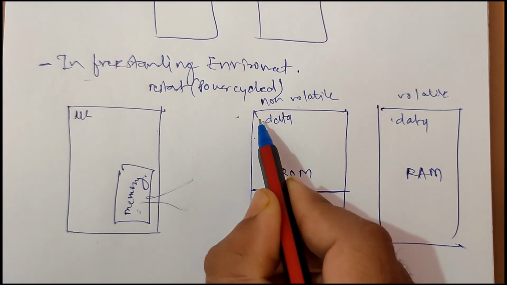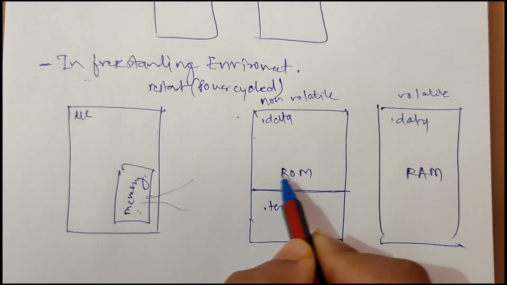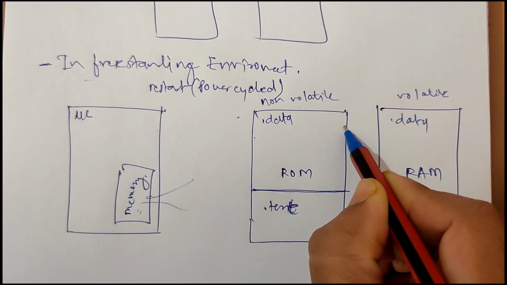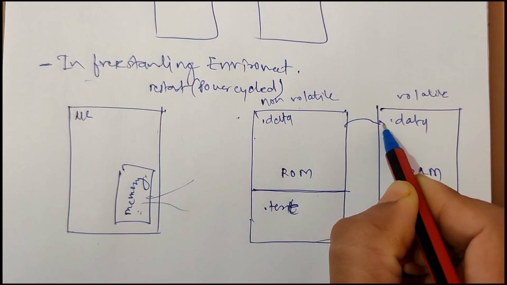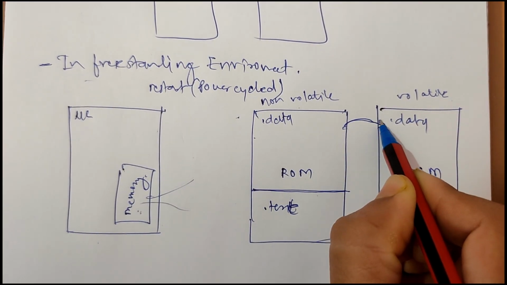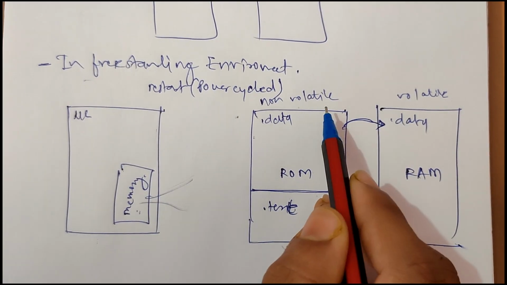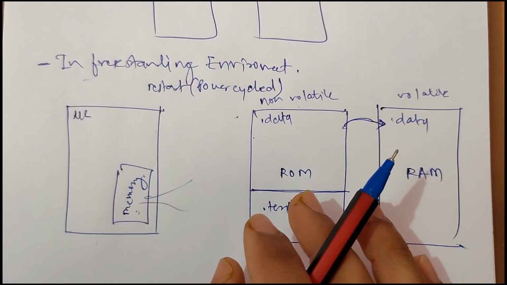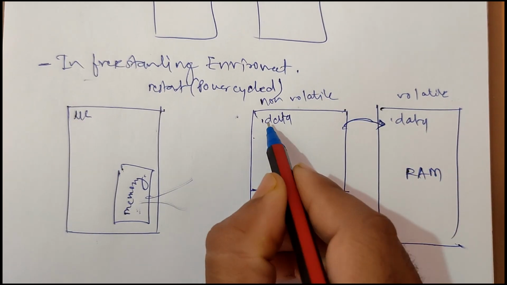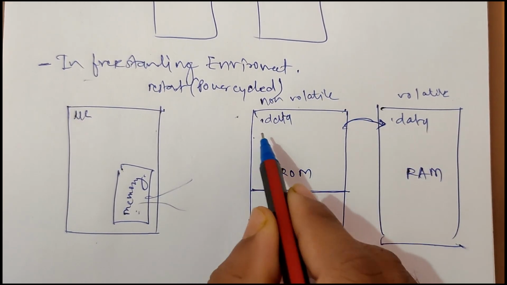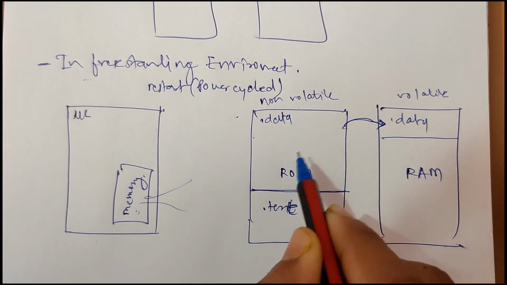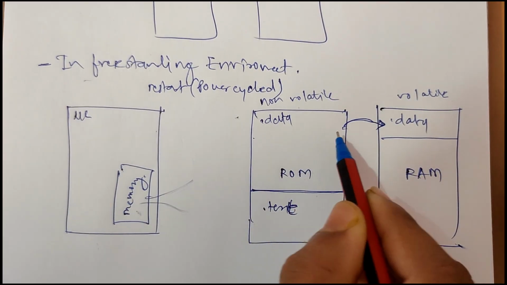They are available in this ROM section. They are copied here to the RAM section every time. We're going to discuss how this takes place. But for now, you only think that the data section is in both, in ROM also and RAM also.